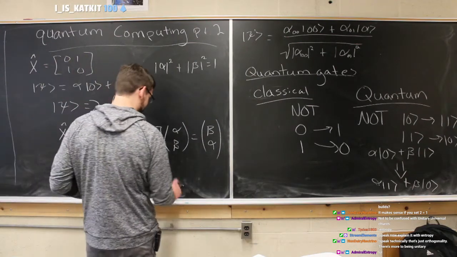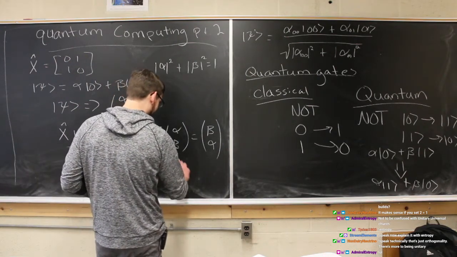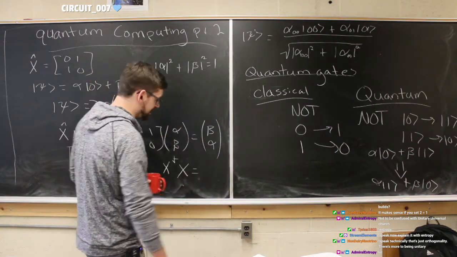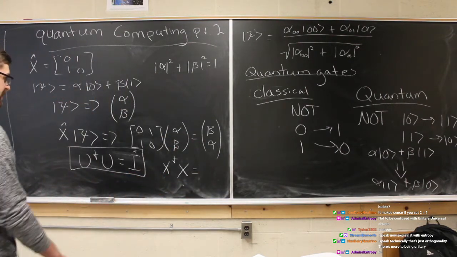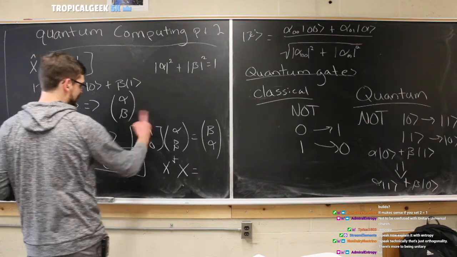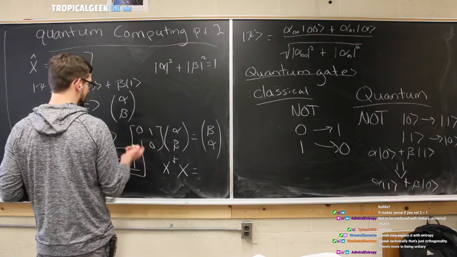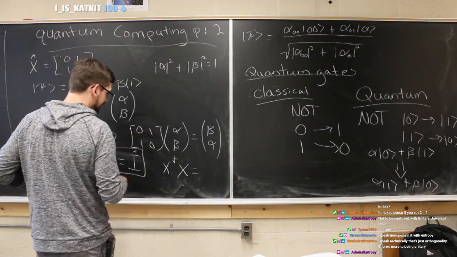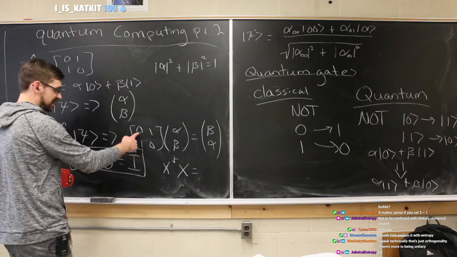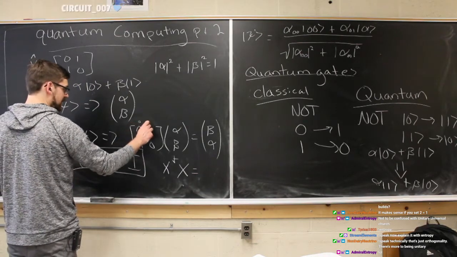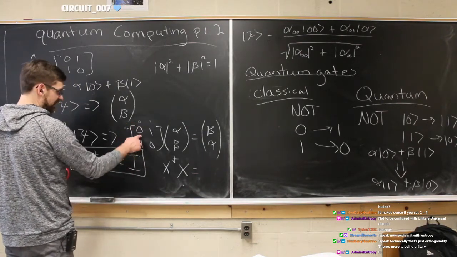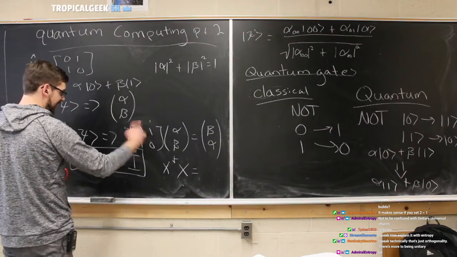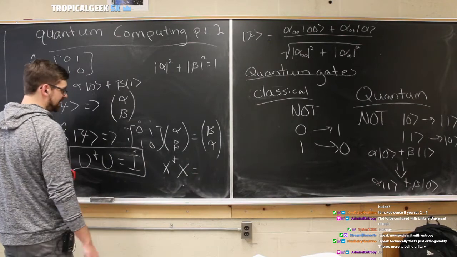For all intents and purposes, physicists just use the adjoint as the transpose conjugate, which means you take the transpose of the matrix, which is switching all of the indices of the elements. So for example, this is element 0, 0, and this is element 0, 1, so the 1s and 0s will swap, the opposite diagonals will swap, and then that's the transpose.